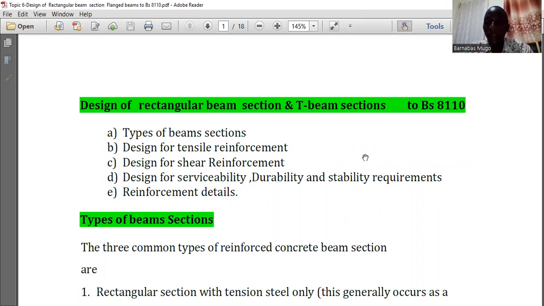We are going to design a beam, and when we are designing the beam, we are going to apply the knowledge that we have just gotten, and then we are going to come face to face and discuss in detail. So, the design of a rectangular beam.